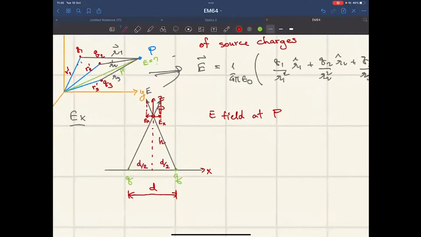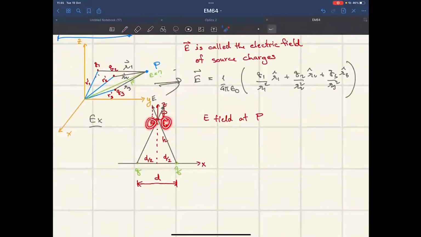They are the same, but different direction. One is pointing this way, the other pointing the other direction. So we don't have the E field in this direction because they all cancel each other out.